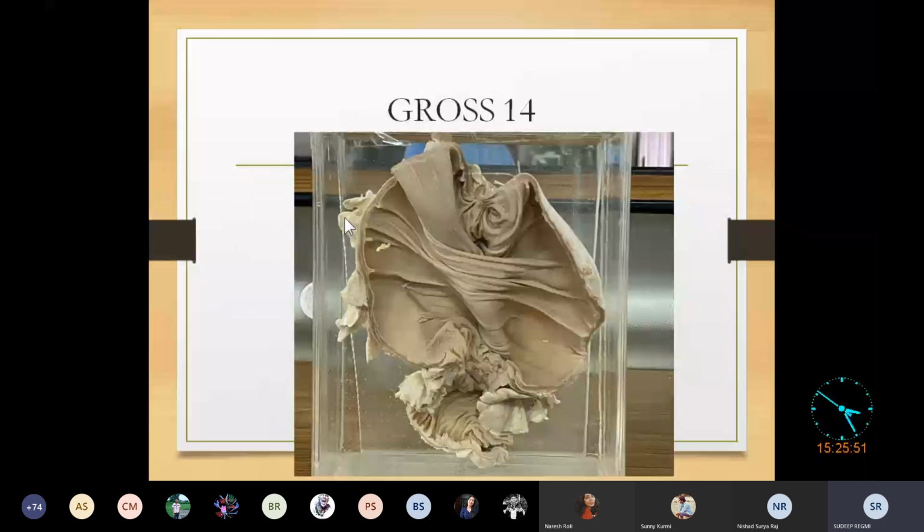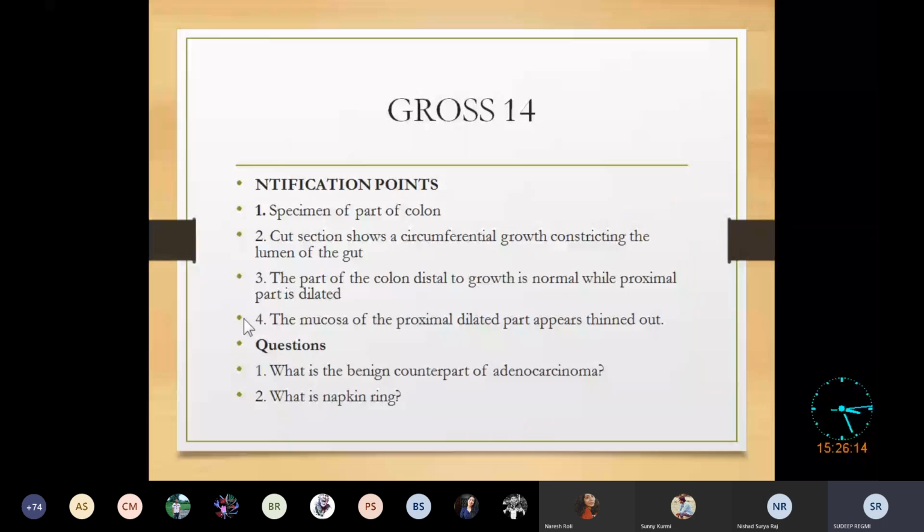Here all the fecal material is getting collected, but it is not going beyond this, so this will get dilated, whereas this will be normal. Is this clear? Yes, sir. Obviously the mucosa of the proximal dilated part appears to be thinned out.